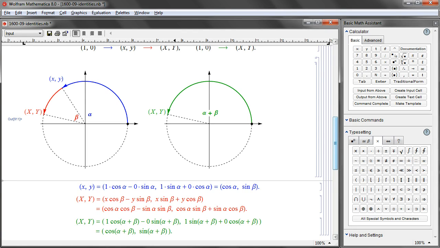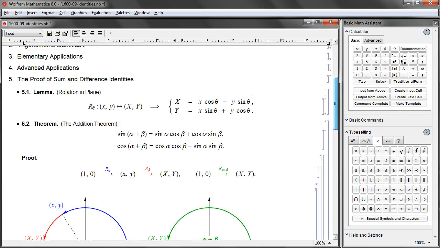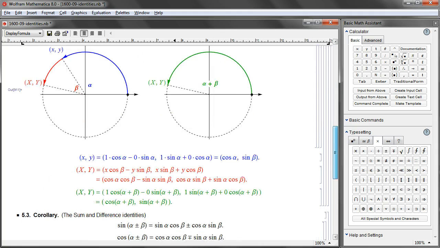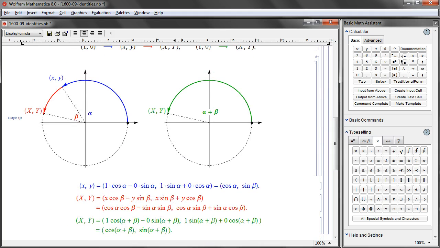Now, from x, y, the blue point, we take a little bit more rotation by the angle beta. And that's where we're going to use this rotation: x cosine of theta minus y sine of theta, x sine of theta plus y cosine of theta, like that. So x cosine of beta minus y sine of beta because the angle is beta.